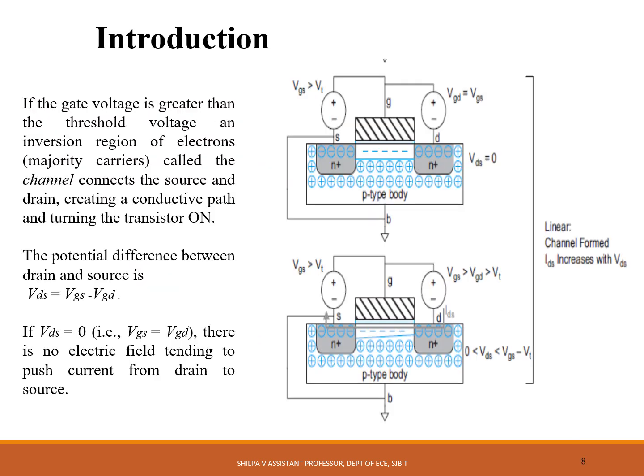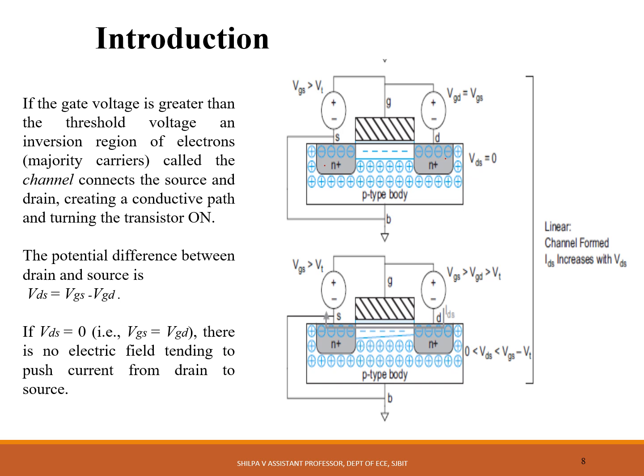This is the structure of an NMOS transistor, where the body is P-type. The transistor consists of a MOS stack between two N plus regions. When the gate to source voltage VGS is less than the threshold voltage, the source and drain have free electrons and the body has free holes but no free electrons.